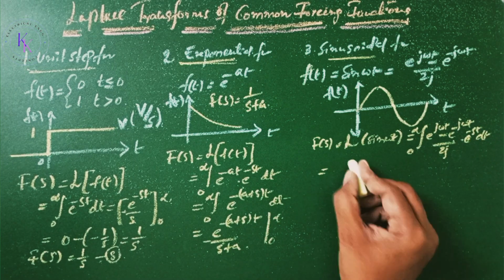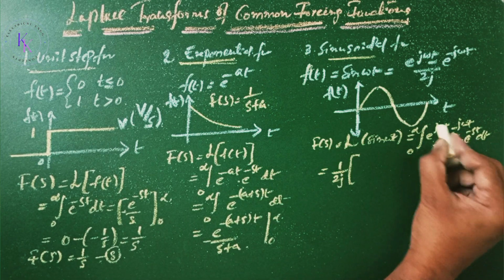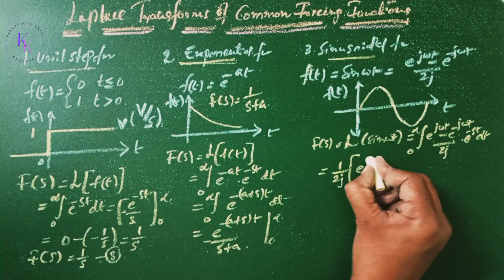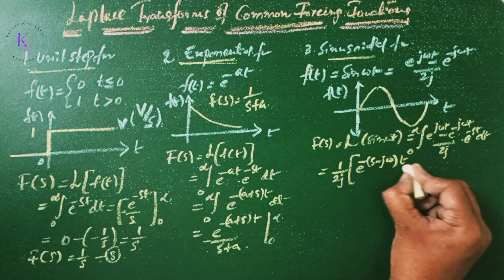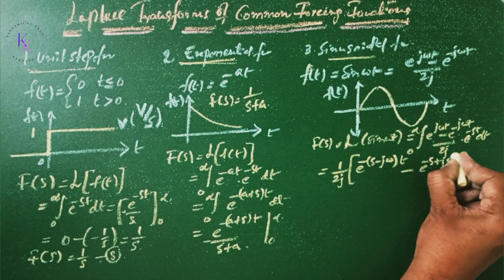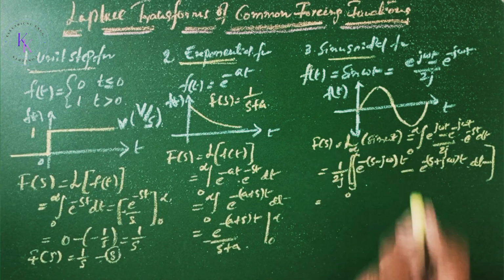Now you can separate this by taking 2j out, and e power j omega t multiplied by e power minus st will be e power minus (s minus j omega) t, minus e power minus (s plus j omega) t, dt. You have to integrate between 0 and infinity.